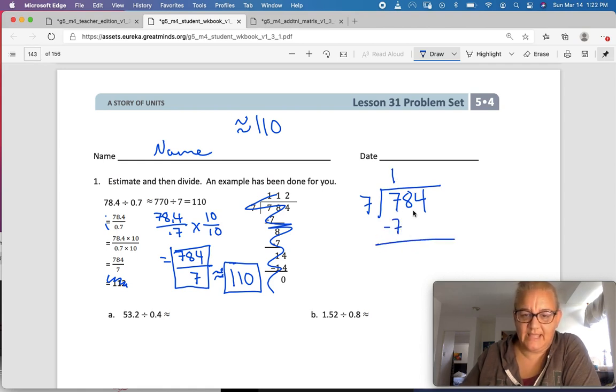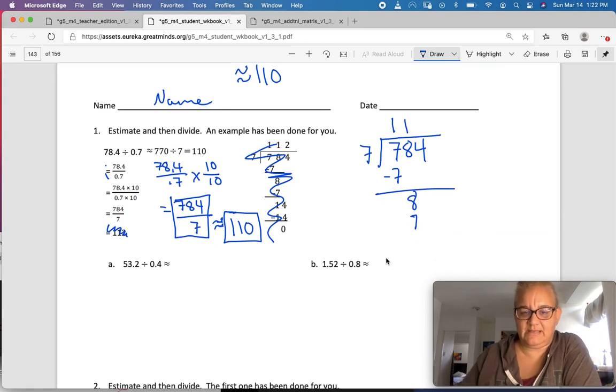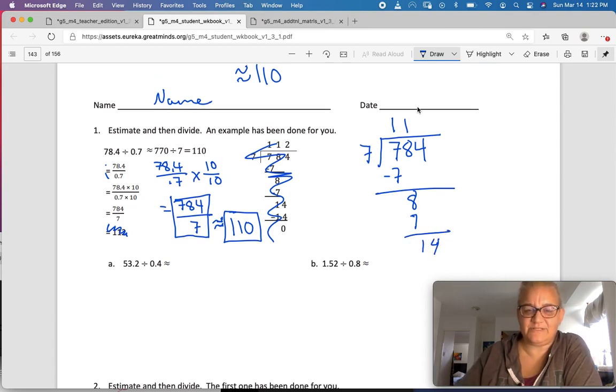And I'm going to bring down that 8. 7 goes into 80 one time. So bring that down, put that in the 10 spot. Now I'm going to bring down my 4. And in the 1 spot, 7 goes into 14 2 times. 7 times 2 is 14 and 0 left over. So my answer is 112, which is pretty close to my estimate.